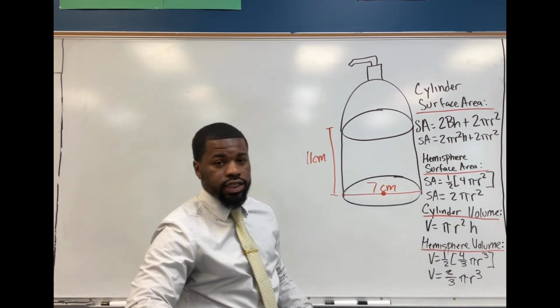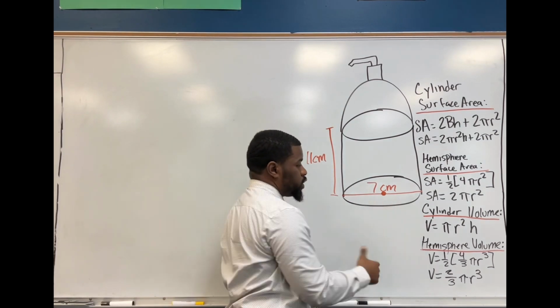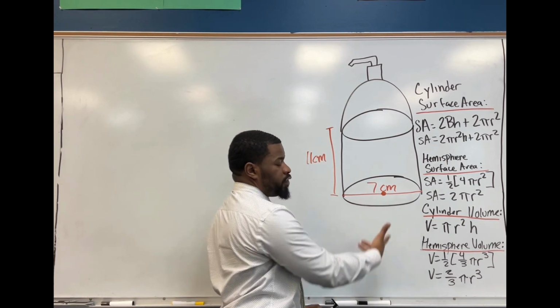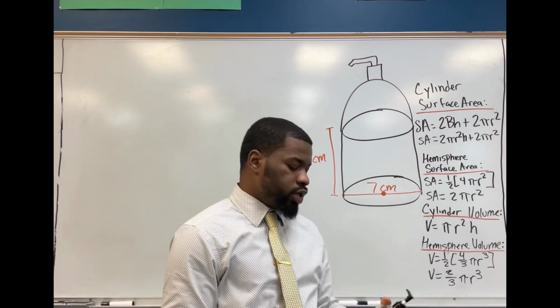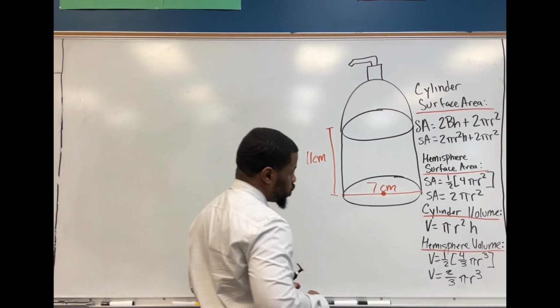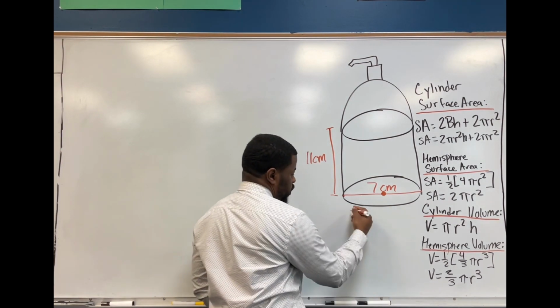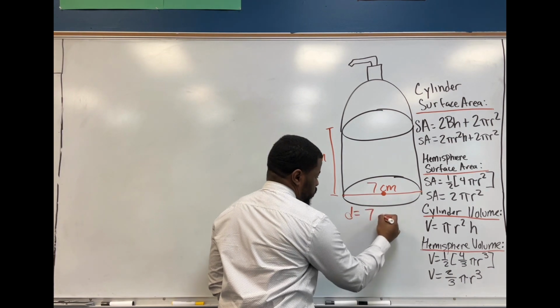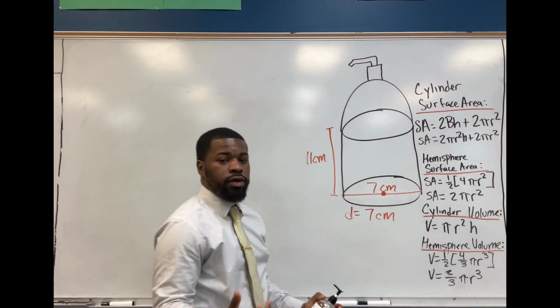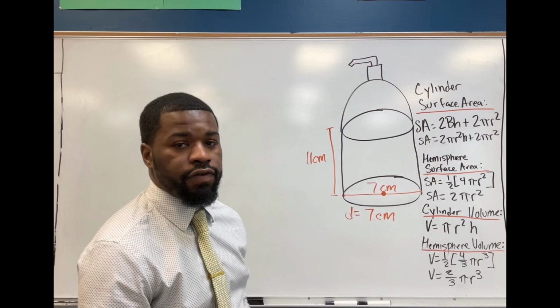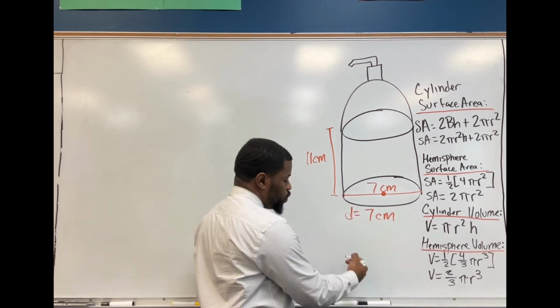Our radius is half of the width, which is considered the diameter in geometry. So I'm gonna write this out as D is equal to 7 centimeters. And radius is half a diameter. So half of 7 is 3.5.